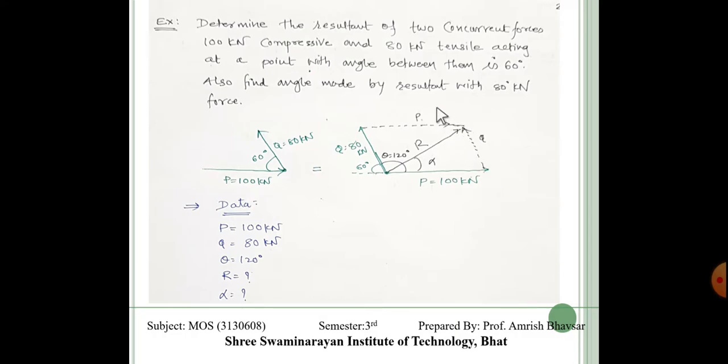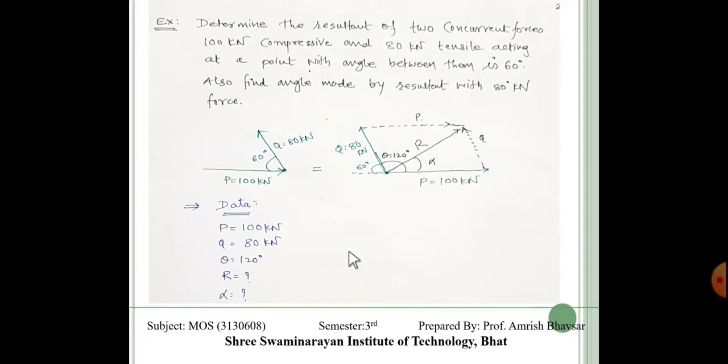Now what do we have to find out? The magnitude of the resultant and its direction, right? So here we have the data: P is equal to 100 kilonewton, Q is equal to 80 kilonewton and theta is equal to 120 degree.